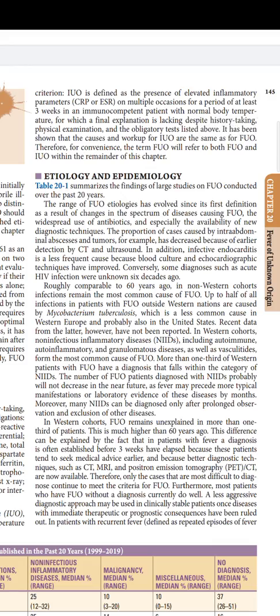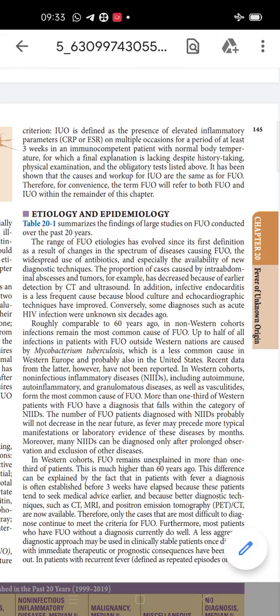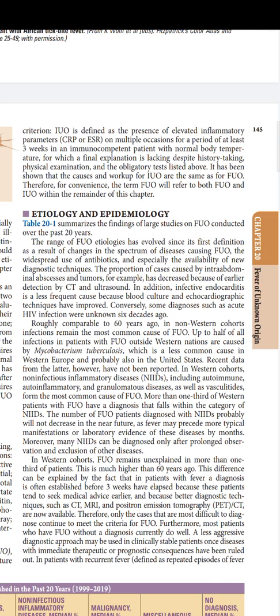Inflammation of unknown origin is defined as the presence of elevated inflammatory parameters on multiple occasions for a period of at least 3 weeks in an immunocompetent patient with normal body temperature, for which a final explanation is lacking despite the history, physical examination and obligatory tests listed above. So this is about IUO, which is not given in the earlier edition. So IUO is an extra one.